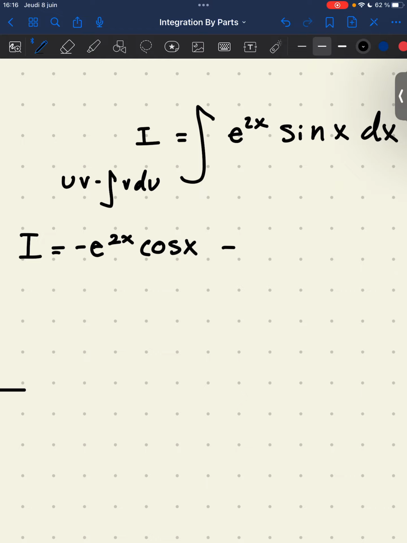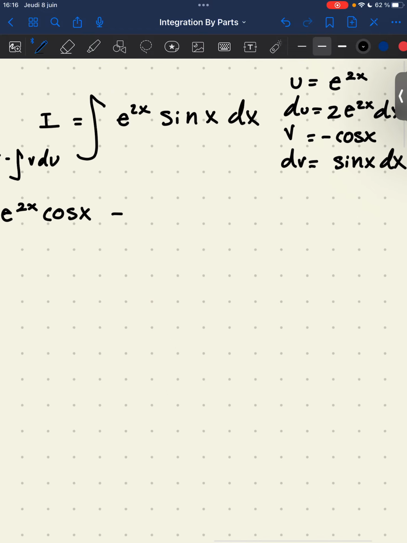Now we subtract the integral of v du, which since v is negative, I'll just go ahead and make this a positive. So this integral of v du, where our v is cosine of x, and our du is 2 e to 2x dx.